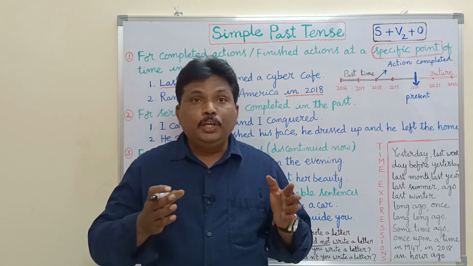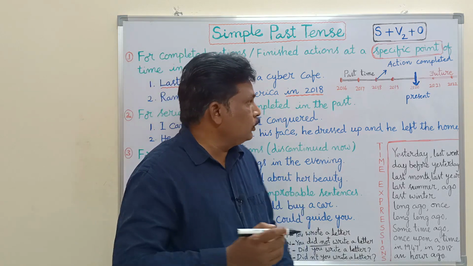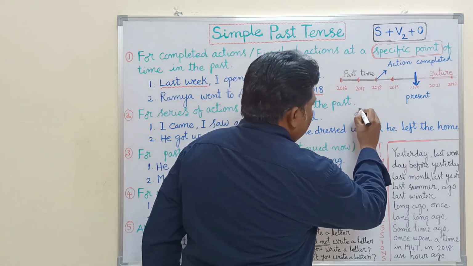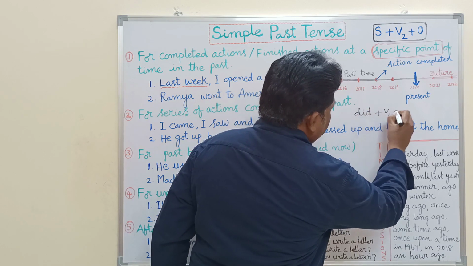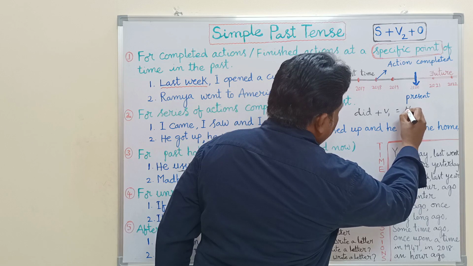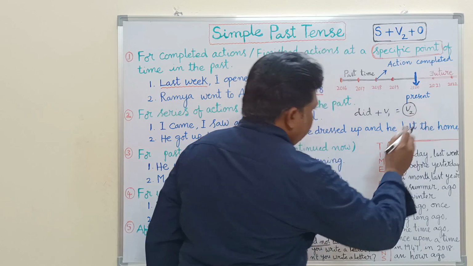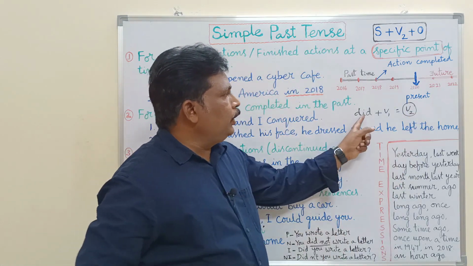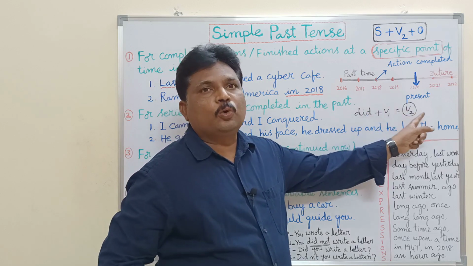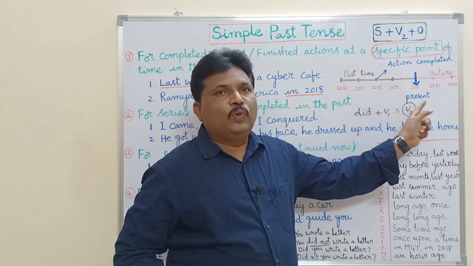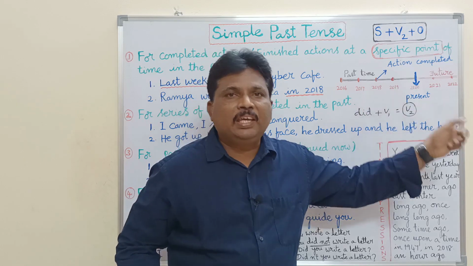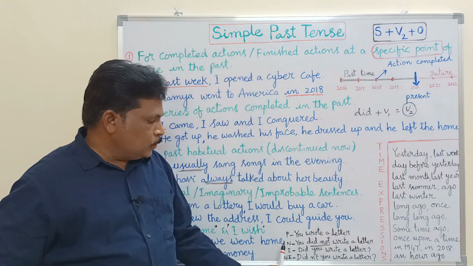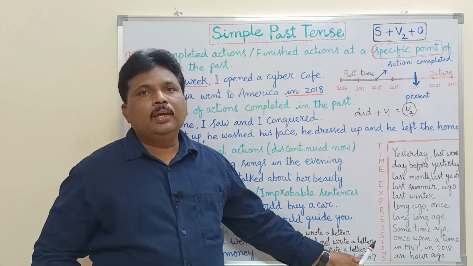Remember, did plus V1 is equal to V2. For example, did plus write, that is wrote. Did plus go, went. Did plus sing, sang. Did plus come, came. You remember this structure. So, you did not write a letter.